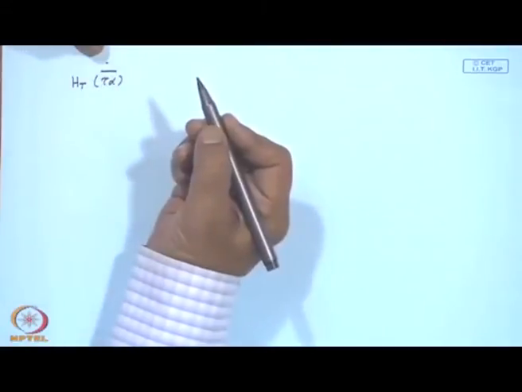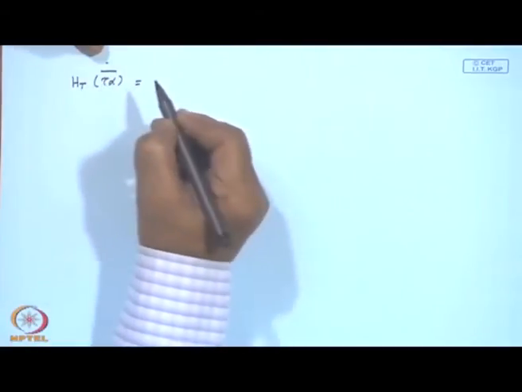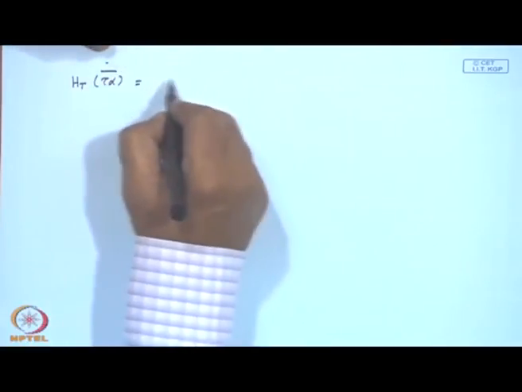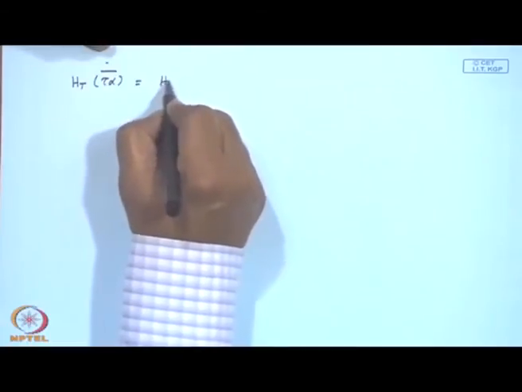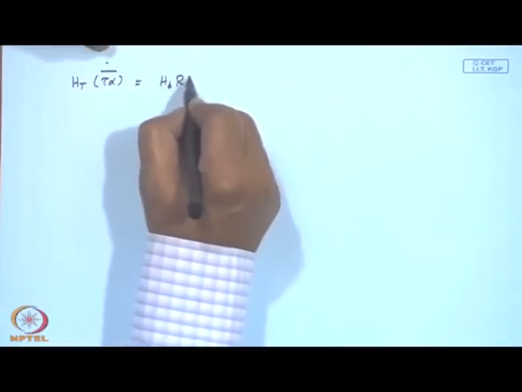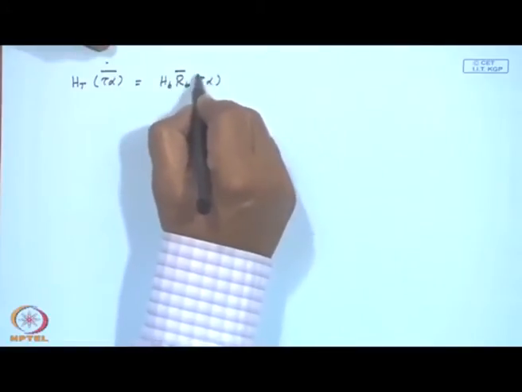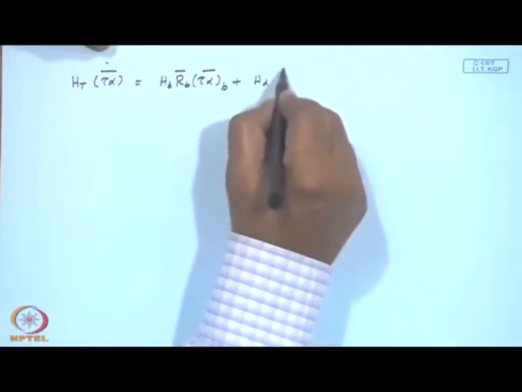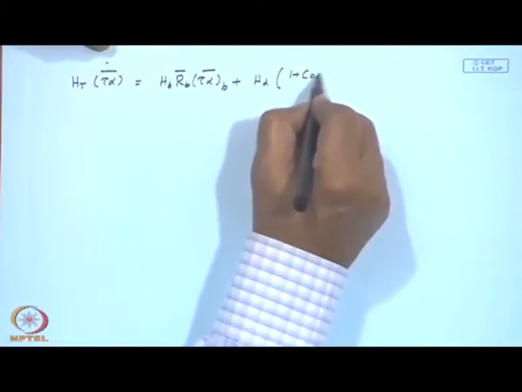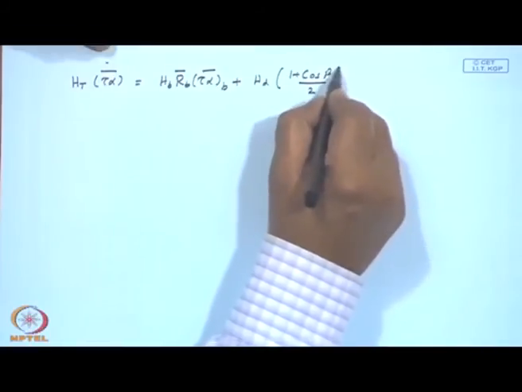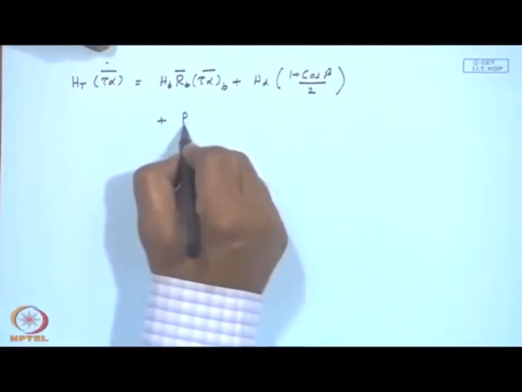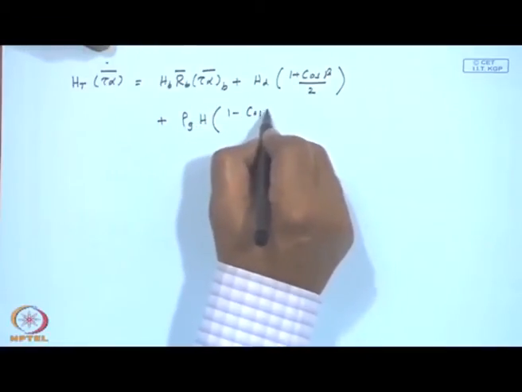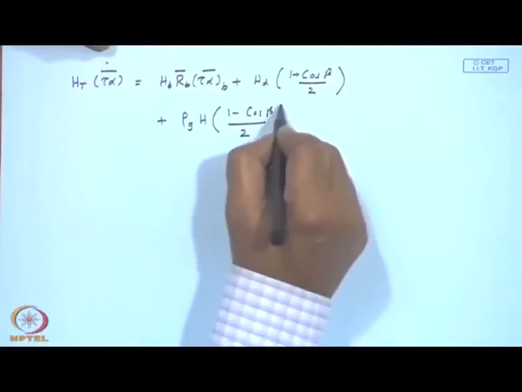For example, H t into tau alpha bar, like we have done for H t equal to summation I b R b. This should be equal to H b R b bar tau alpha bar b plus H d into 1 plus cos beta by 2 plus rho g H into 1 minus cos beta by 2.